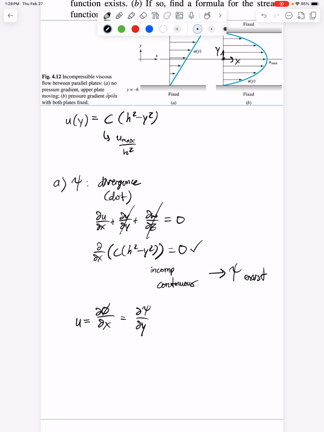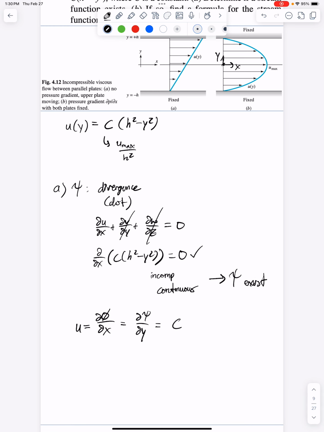Once again, it's partially due to the fact that they are perpendicular to each other. We changed the term. Therefore, u is equal to c times h squared minus y squared. We're going to do separation of variables. The d psi is equal to c times h squared minus y squared dy.